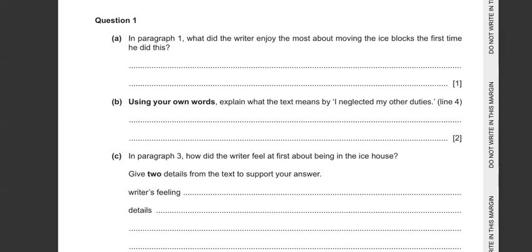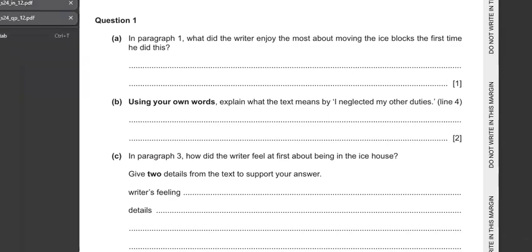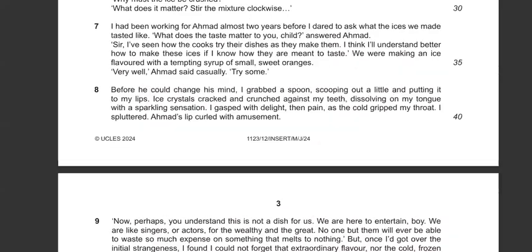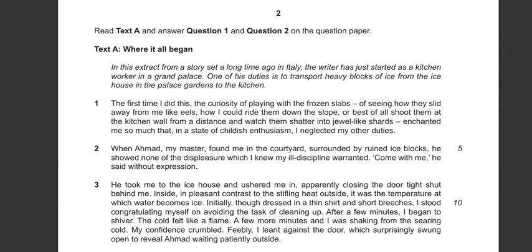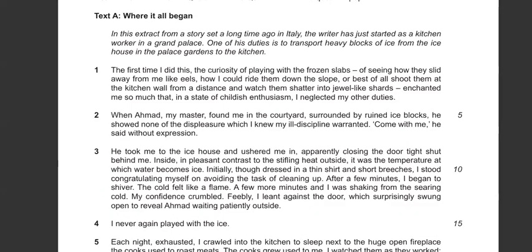So if we go back to paragraph number 1, let's see what particular clue is there. Here is paragraph number 1. We have to identify the most fun part of moving the ice, based on paragraph number 1. If we look at the paragraph, a superlative degree has been used over here: the best was to shoot them all at the kitchen.